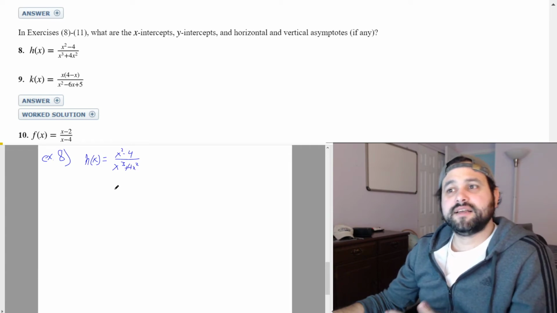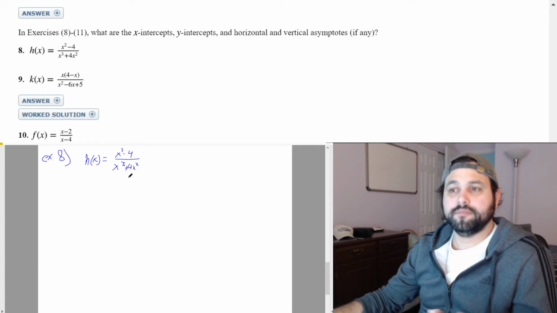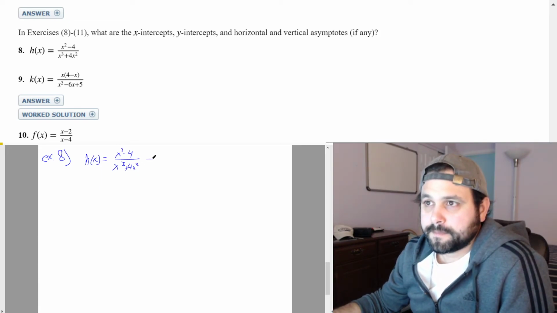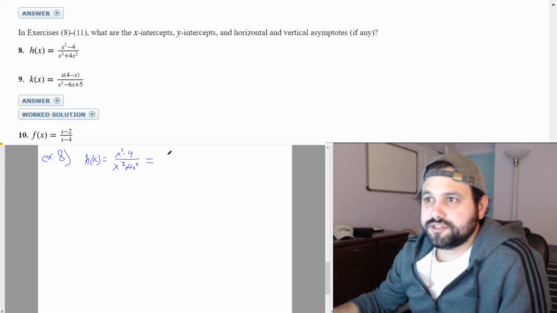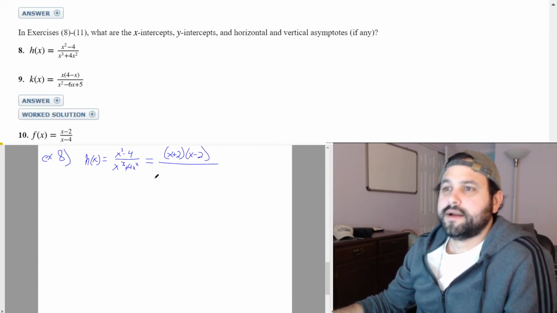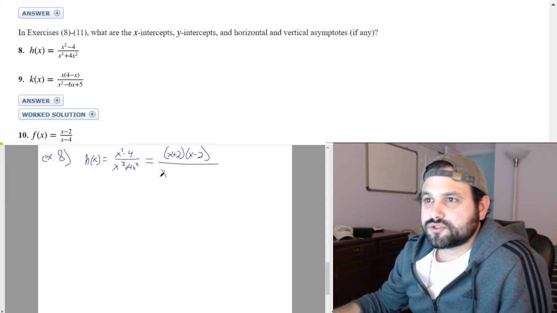What I like to do is write this rational function in factored form because it's going to help us a lot. So let's go ahead and factor this. X squared minus 4 factors into x plus 2 and x minus 2, divided by, checking here, I can factor an x squared out, leaving me with x plus 4.